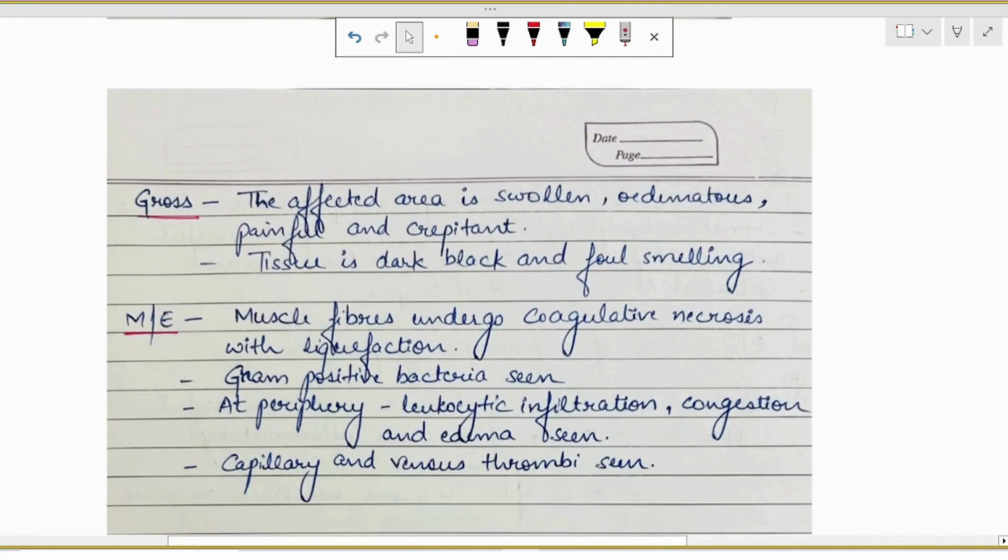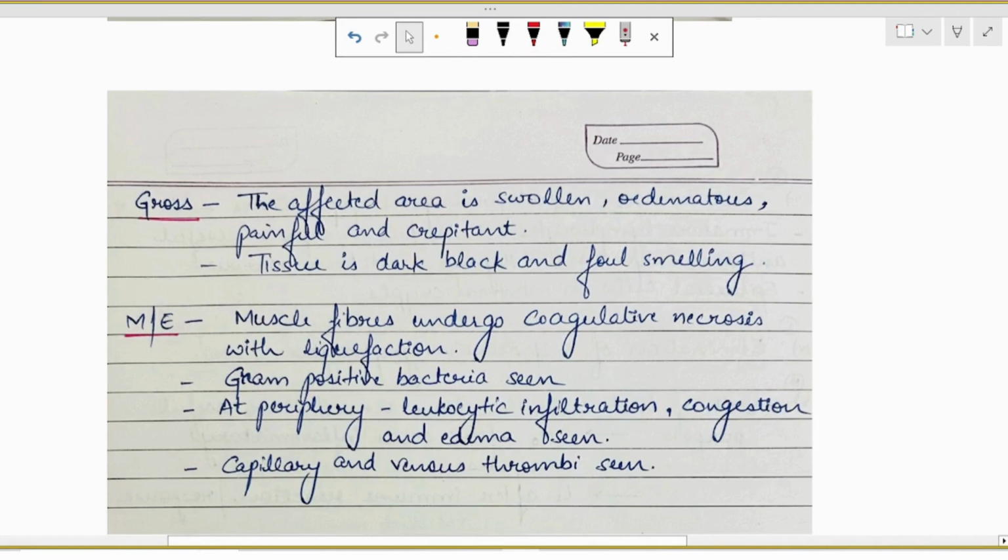Grossly, the affected area in gas gangrene would be swollen, edematous, and painful, and crepitus would be present. The main thing that distinguishes gas gangrene from other types of gangrene is the presence of crepitus. So if we are able to appreciate crepitus, we will label it as gas gangrene.